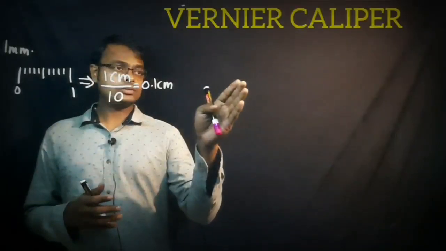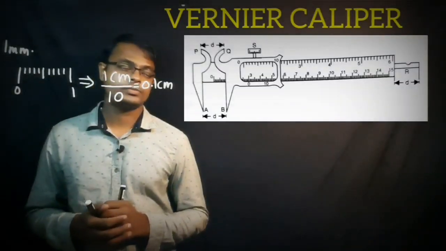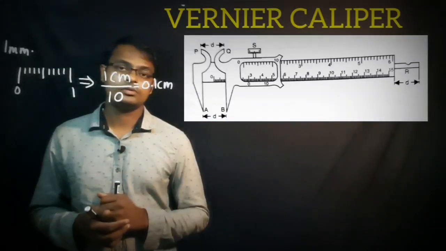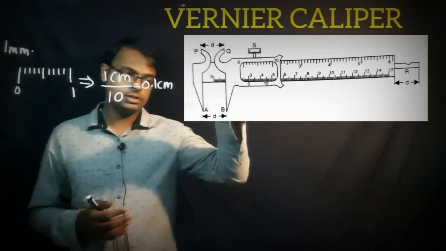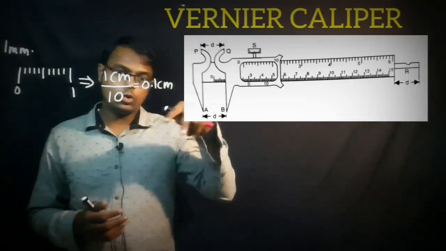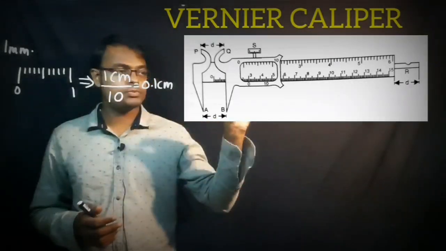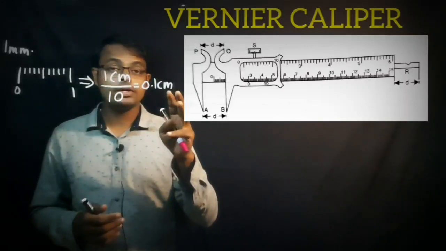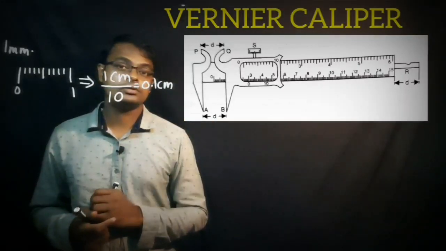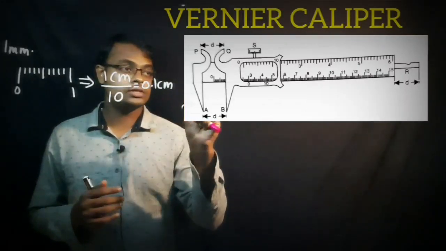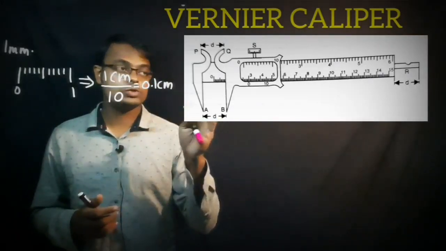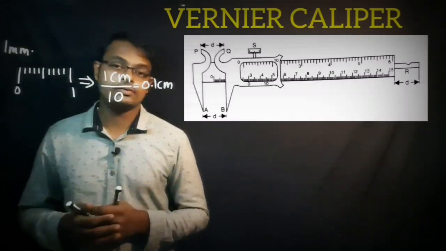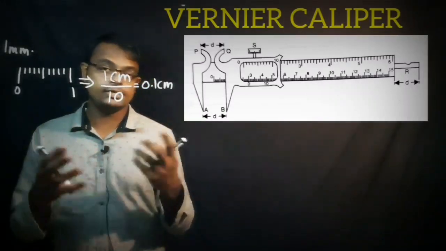So let's see the structure of the vernier caliper. You can see here the upper jaws, and here the lower jaws, and one strip. Now what we require here, the main part is the scale. One is the main scale and the other one is called the vernier scale. We will learn this in detail later.